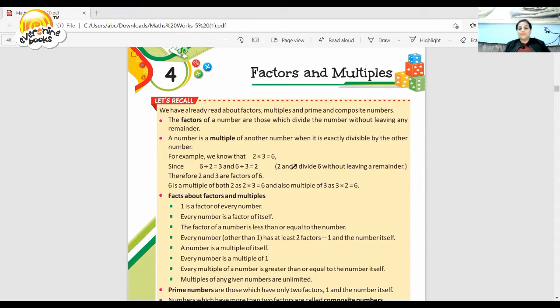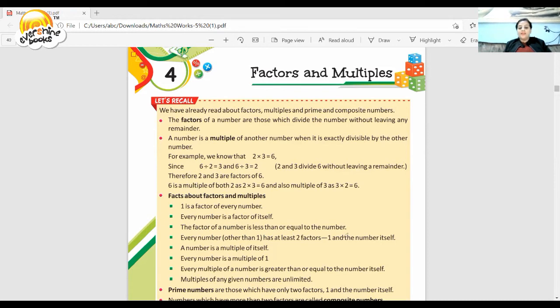So 2 and 3 divide 6 without leaving a remainder. Therefore 2 and 3 are the factors of 6, and 6 is a multiple of both. 6 comes in the table of 2 and also in the table of 3.